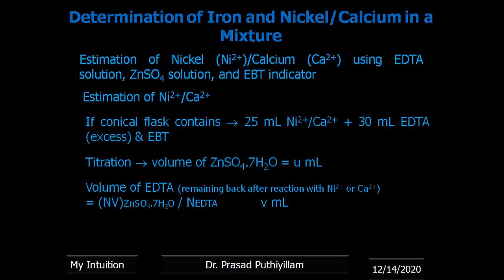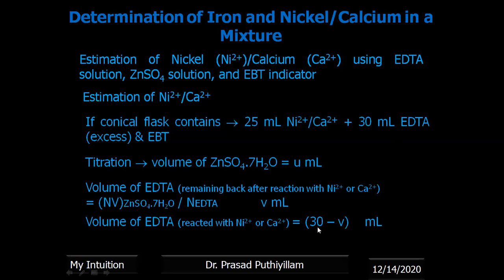This is done separately for nickel or calcium: the remaining EDTA after reaction is N times V of zinc sulfate 7H2O divided by normality of EDTA, let it be V ml. Therefore, the volume of EDTA which actually reacted in the conical flask with the nickel ion or calcium ion is 30 ml minus V. Initially we added 30 ml, from that V ml was remaining.